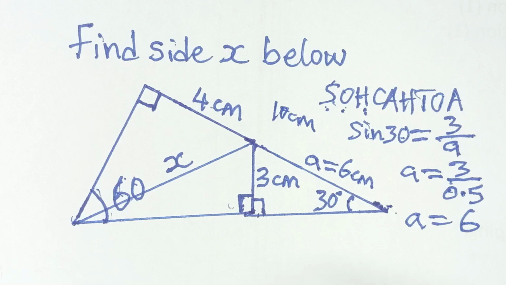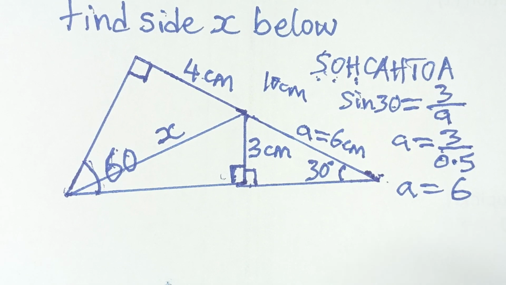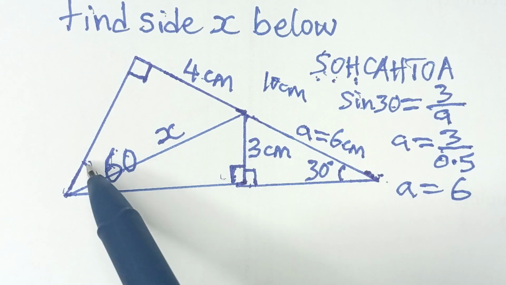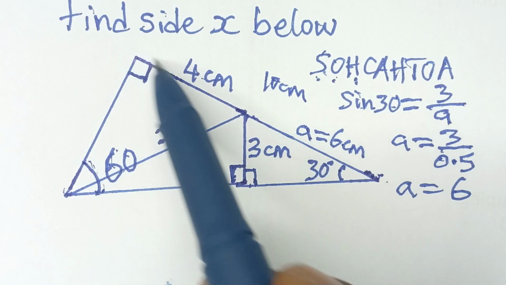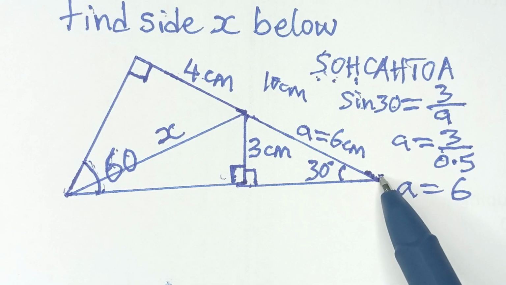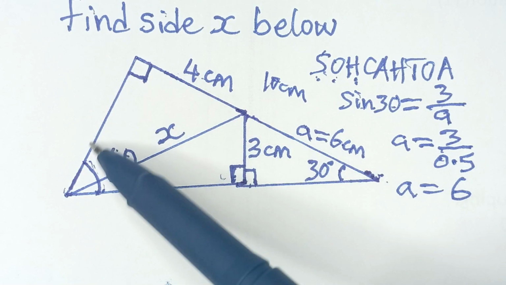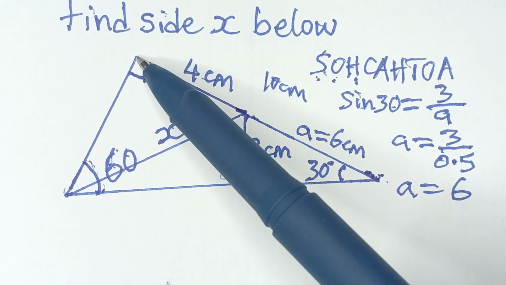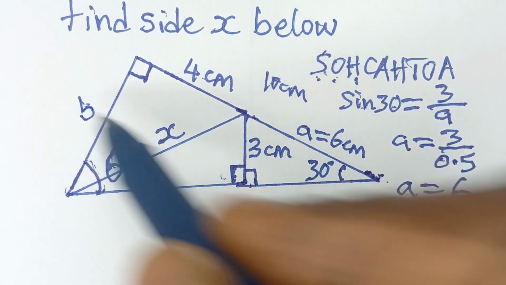So we can again use a trigonometric ratio. This time, let me come down here. This is the opposite side because the angle that we are given is 60. The side opposite this angle is this side. We want to use this ratio to find this side, and let me call this side B.